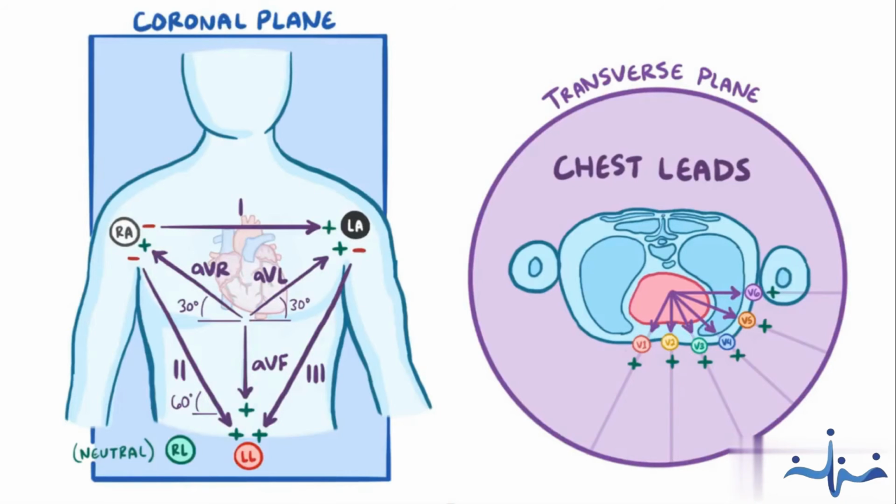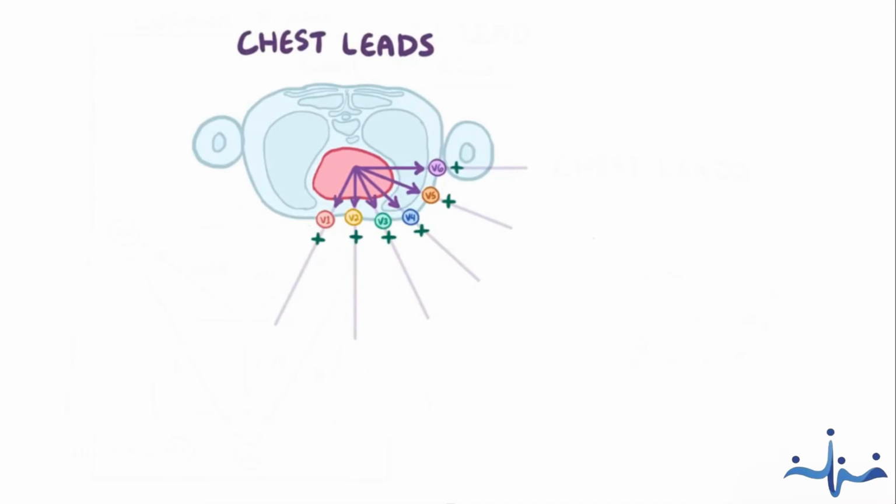So in total, you've got 6 leads from the limb leads and 6 from the chest leads, leading to a grand total of 12, which gives you your 12 lead ECG. Now, the point of having all these leads is to get different views of the heart, making it easier to see exactly how that wave of depolarization moves through the heart. As an example, consider how the 6 chest leads, V1 through V6, register the depolarization waveform called the QRS complex.